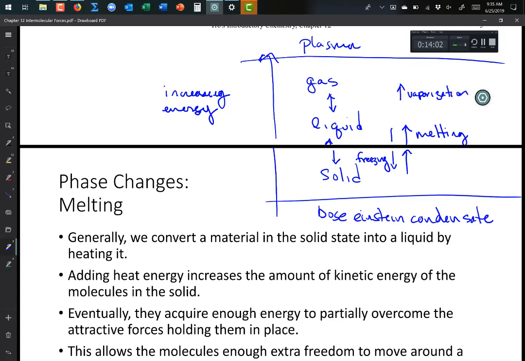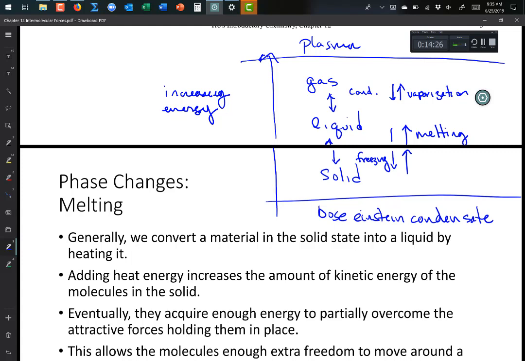For water at its boiling point, it takes about 40 kilojoules of energy to get 1 mole into the gas state. So it's quite a bit of energy. What do we call the reverse process? Condensation, yeah? I'll just say C-O-N-D, for condensation.